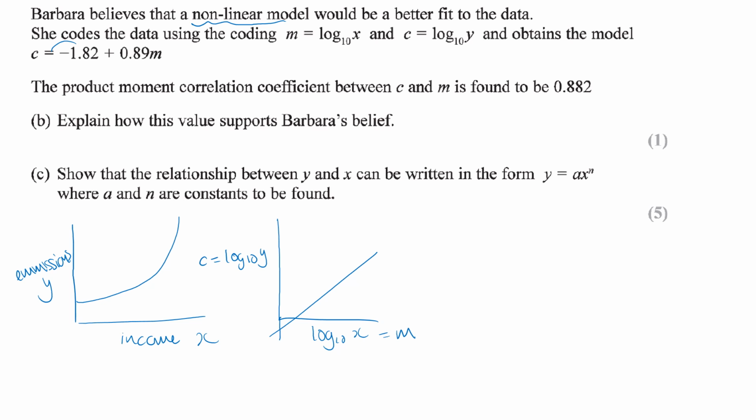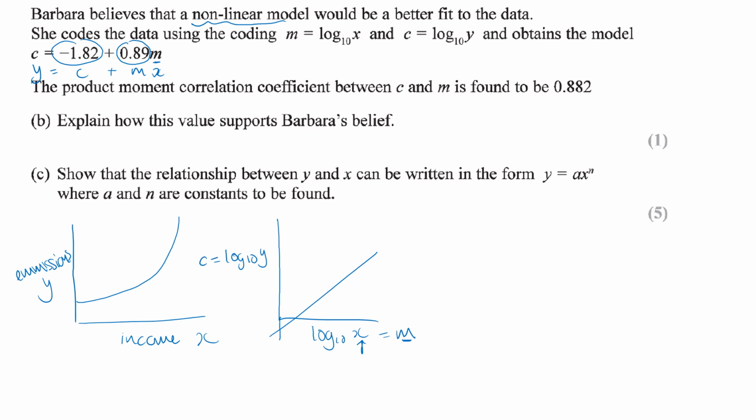The y-axis intercept is -1.82 and the gradient is 0.89. You can see M is the variable which relates to the X and C is the Y. So we've got a straight line here. Y equals MX plus C.